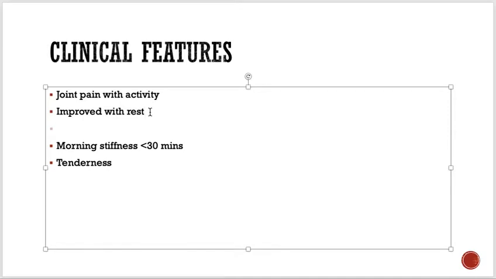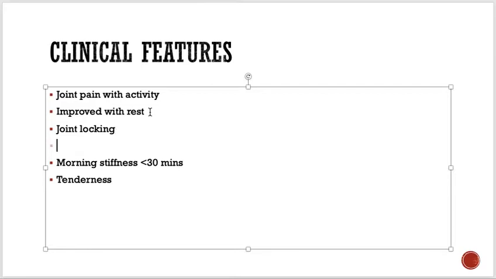Depending on the joint which is involved, they can complain of joint locking, like when they want to move their knee, it gets locked. If the osteoarthritis is very severe, they complain of some joint instability or decreased range of motion.